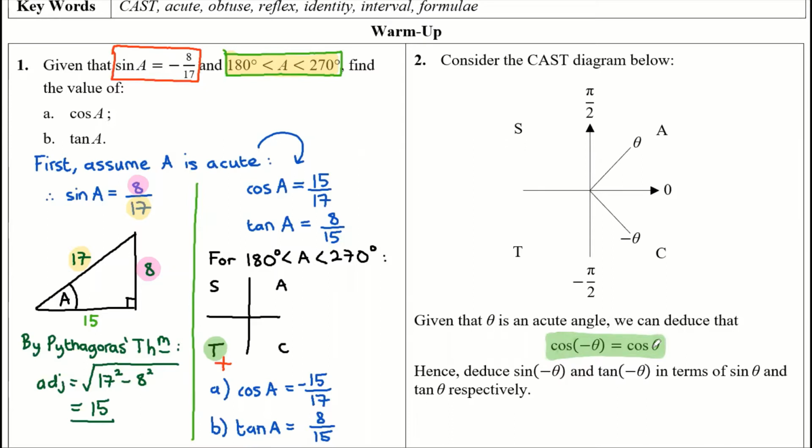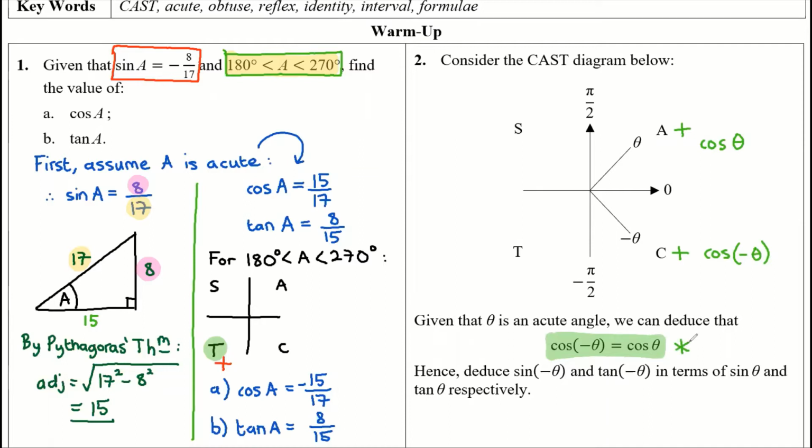But the cast diagram does the same thing for us. It shows us that the cosine of negative theta, whatever theta is, if it's an acute angle, because cos is positive here and cos is positive here, the cosine of theta and the cosine of negative theta must be the same value, which is what's stipulated here.